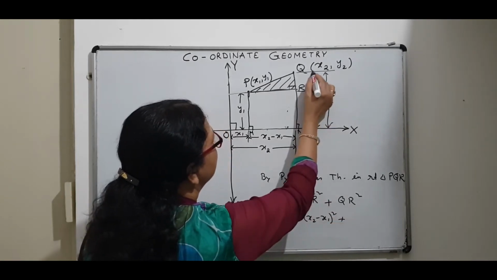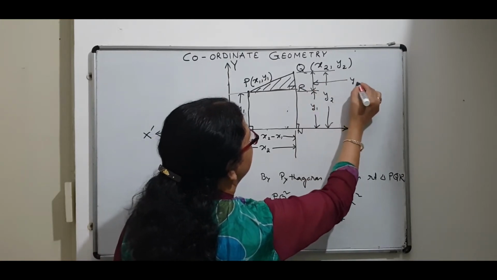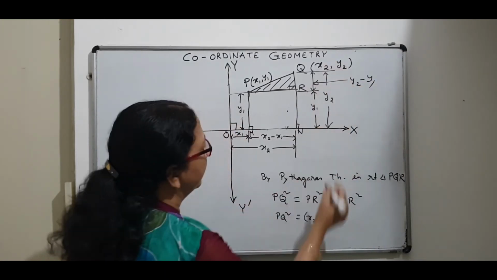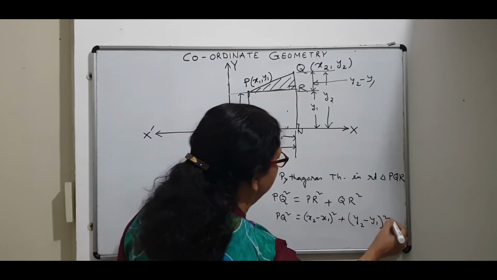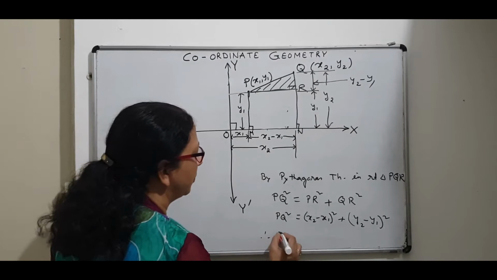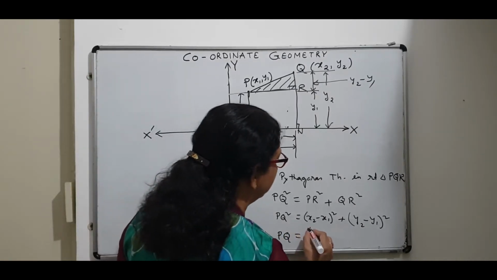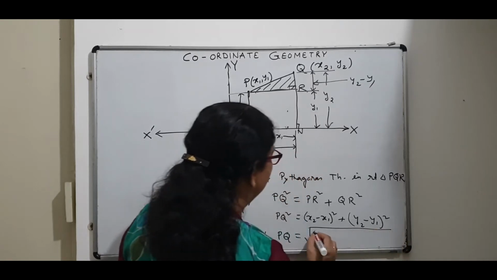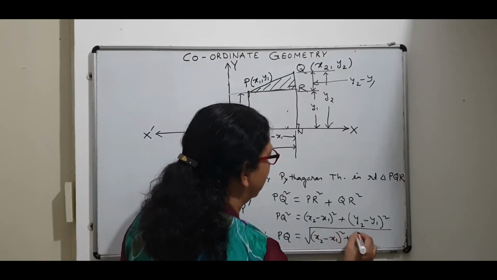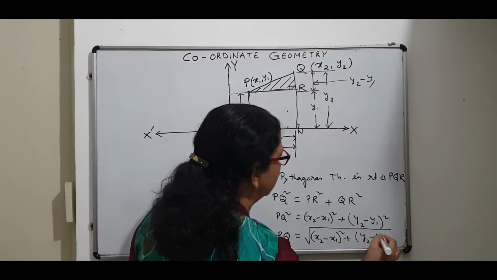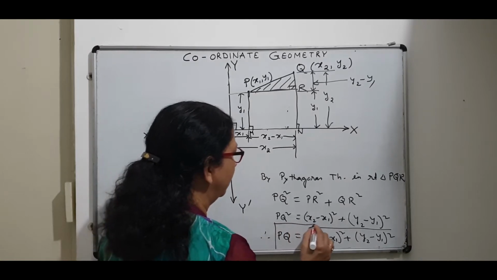And QR, obviously, will be y2 minus y1, obvious from the diagram, so it is y2 minus y1 whole square. Therefore, if I take square root, PQ, the distance being positive, I am taking the positive root: square root of x2 minus x1 whole square plus y2 minus y1 whole square. So this is the distance formula.